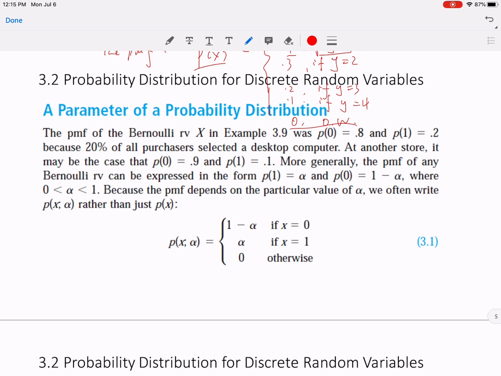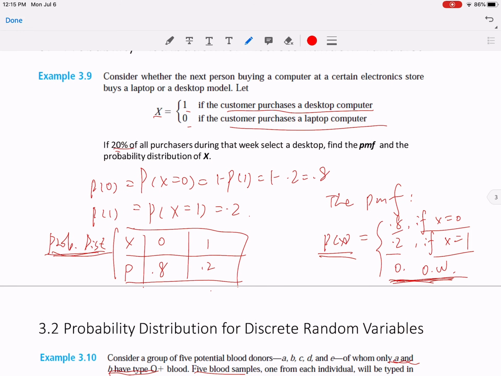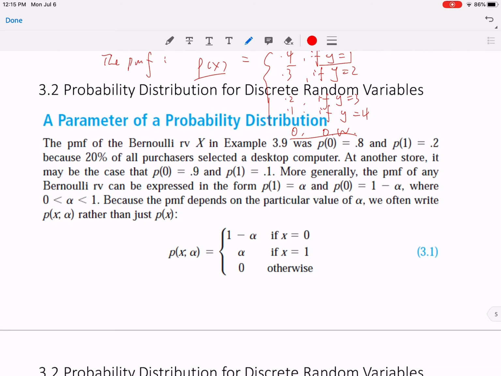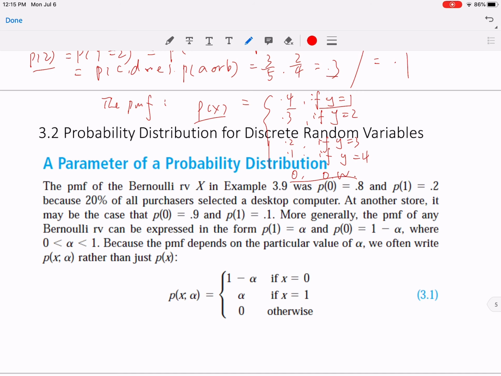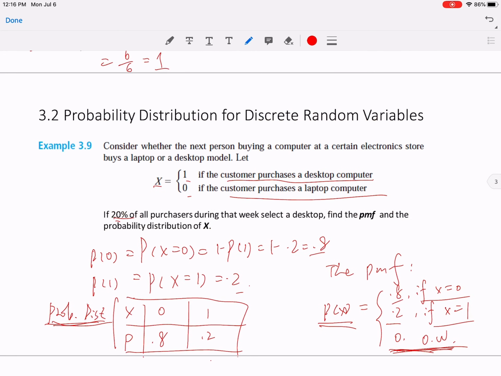And then let's take a look at this part here, a parameter of a probability distribution. The PMF of Bernoulli random variable x in example 3.9, which is the one we just went over. We know that one probability is 0.8, another one is 0.2. The reason it's called a Bernoulli random variable is that the only possible values of x are 1 and 0, and that's it.